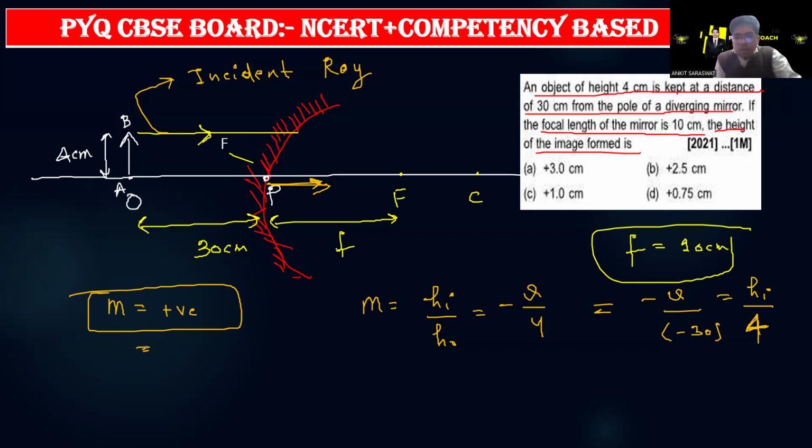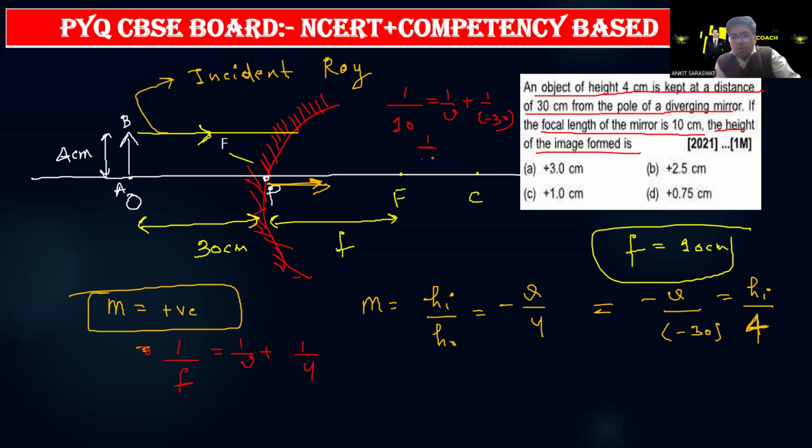Okay. Now here, for finding hi, you need v, and that is the only thing you need. Clear? So apply this formula: 1 upon f is equal to 1 upon v plus 1 upon u. So f is how much? 10. We need to find v. U is how much? U is minus 30.